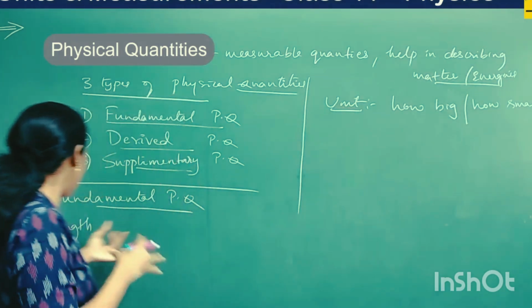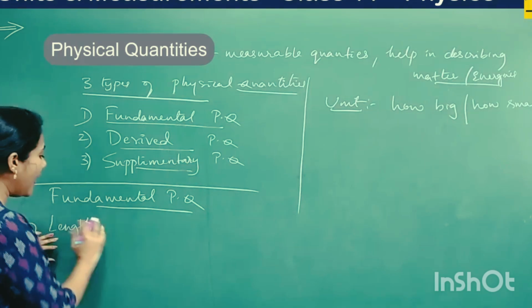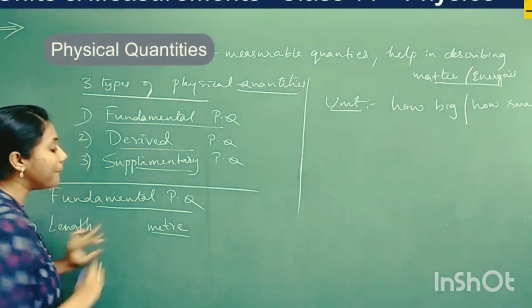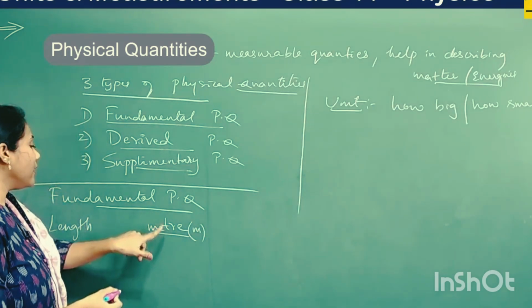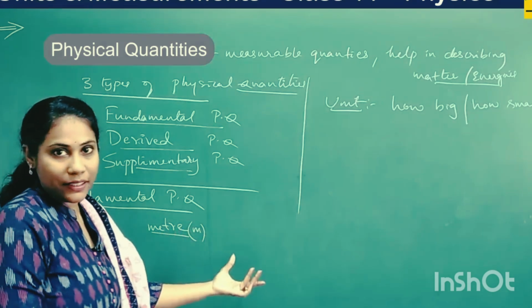Say for example, there is a fundamental physical quantity length. Say for length, the unit is always measured in meter. So we write it as small m. Not only meter, you can also describe length in terms of centimeter, right?